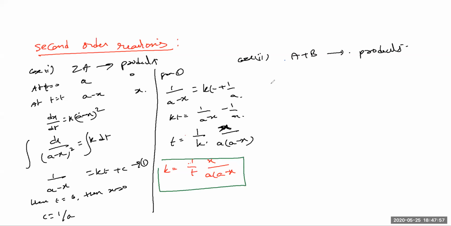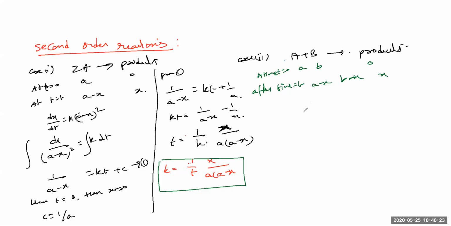Now come to the second case. A plus B gives rise to product means at time t is equal to 0, a is the initial concentration, b is the initial concentration, and product concentration is 0. But after time t, it becomes a minus x, b minus x, and x.